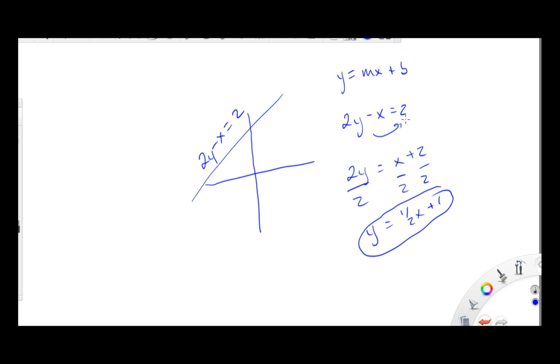And then in 20.4 on page 100 it says it passes through the point (3, -1). There's our coordinate, okay? So we need to use (3, -1) and this equation in order to solve this problem.